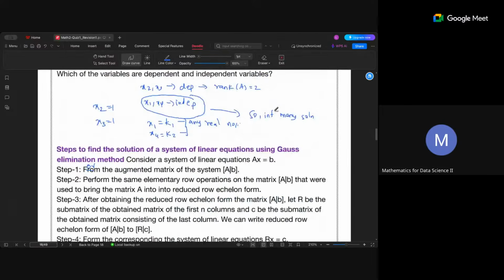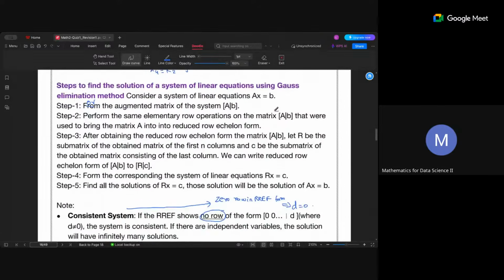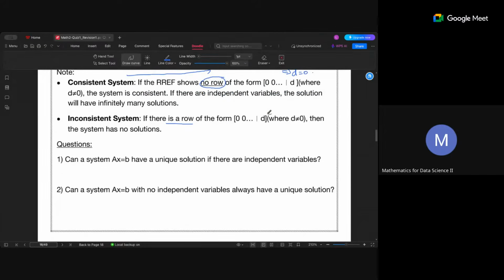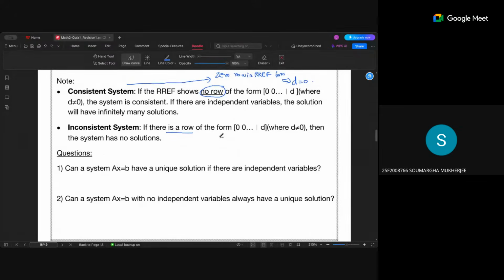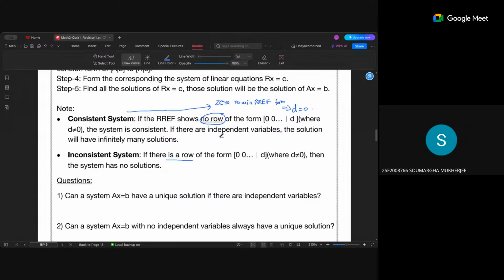For full rank, we have already seen that you have a unique solution, right? Also, ma'am, in these cases the rank of A is less than the number of unknowns, so that also leads to infinite solutions.